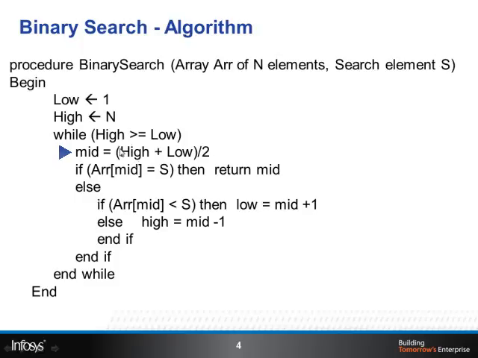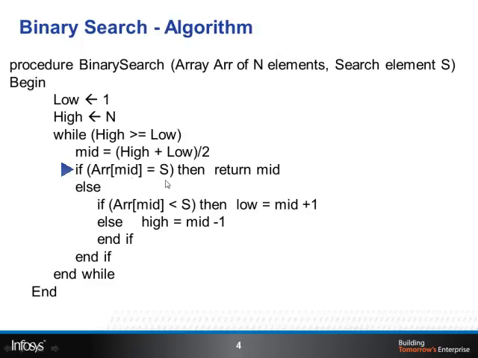It will round this mid position to 4, and we check if the array in the mid position, that is array of 4, which is the mid position in the right part of the array, is equal to the search element. We notice here the search element 40 is exactly the same as the value of the data set which is present in the fourth position of the array.